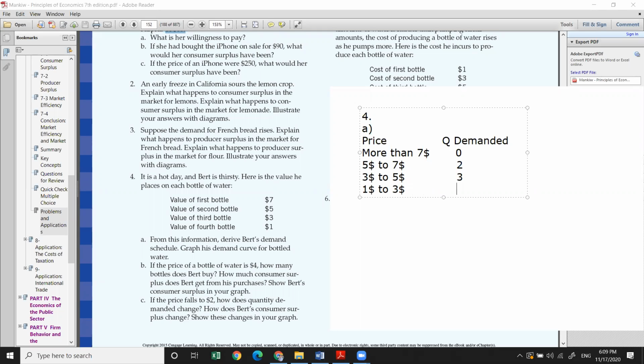He will purchase in total 4 bottles. Sorry, there's something that I missed.